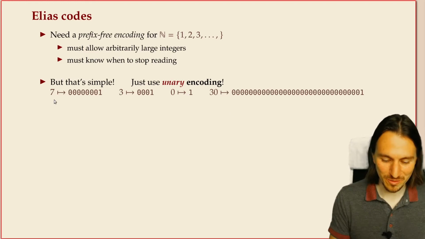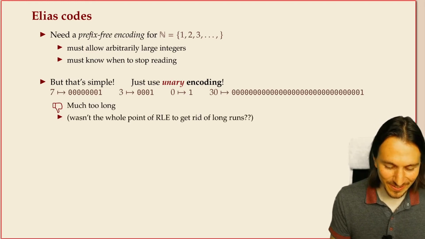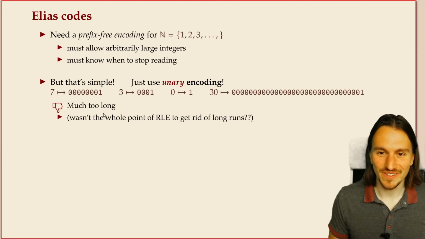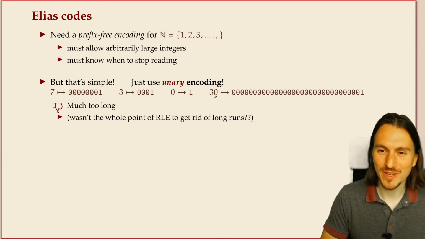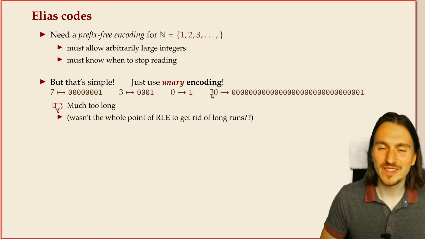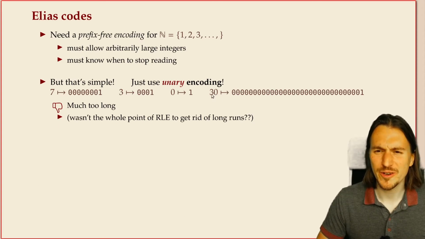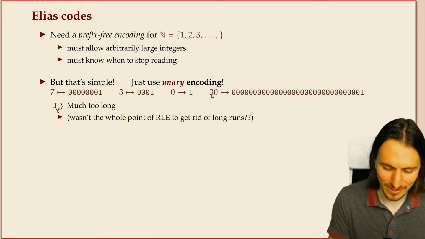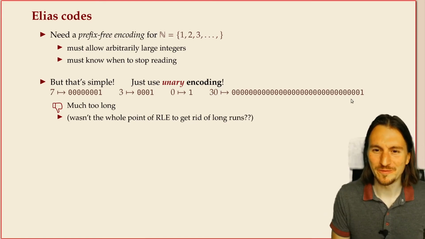That's a great encoding. It works. It's just super, super bad in terms of space, right? It takes as much space as the number is big. And you could actually represent 30 with just 5 bits, and now you expanded it to 31 bits.